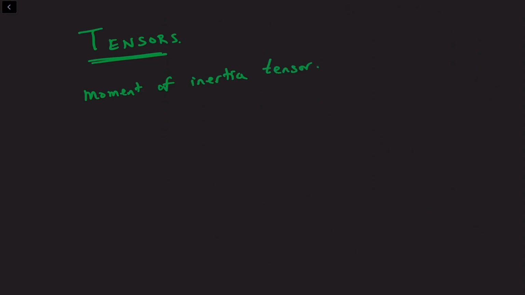So the moment of inertia tensor is defined as follows. Suppose you have a distributed mass, and we want to find the moment of inertia about some point.